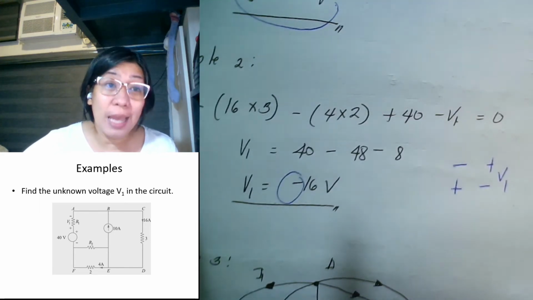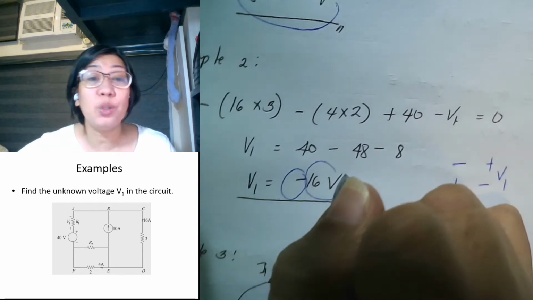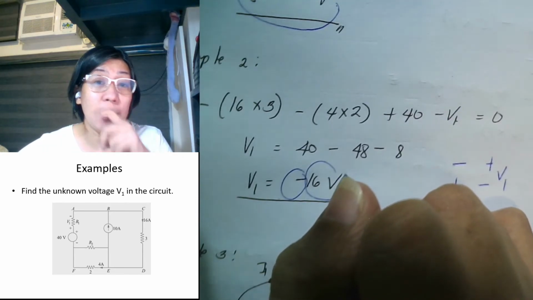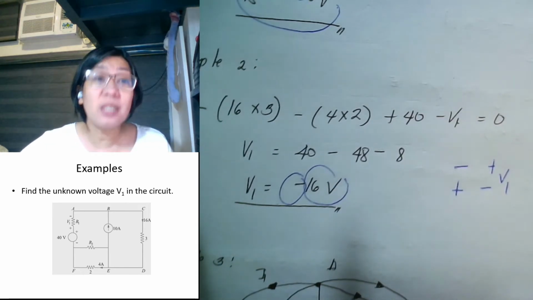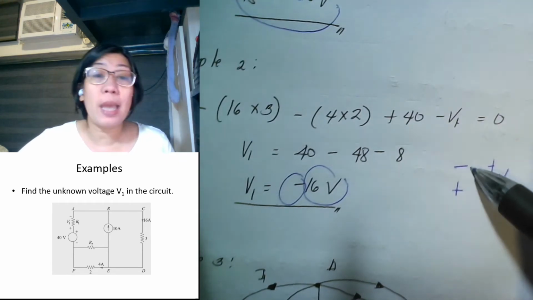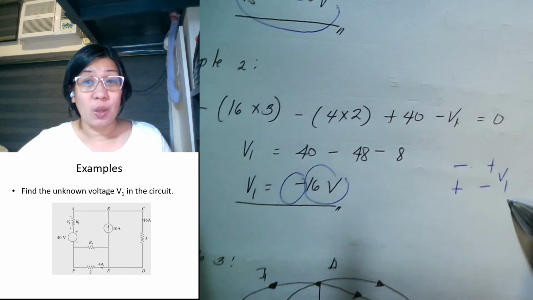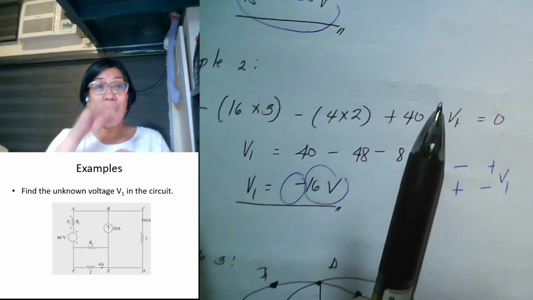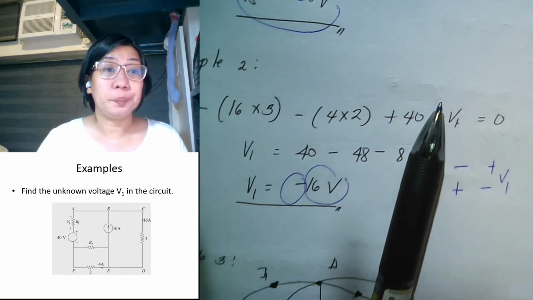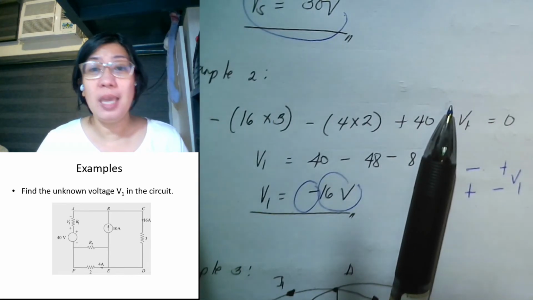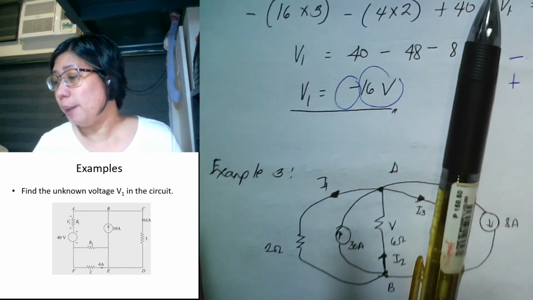It's all right, the numerical answer is correct, just the direction. Instead of minus plus, it should be plus and minus. So that is how KVL is being done.